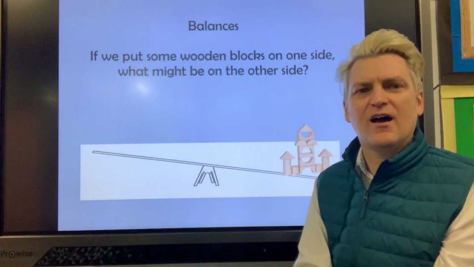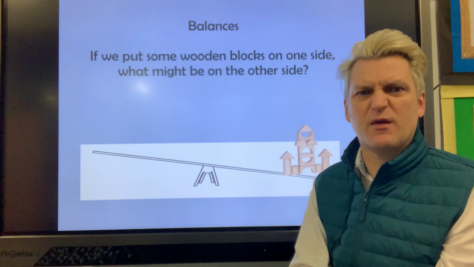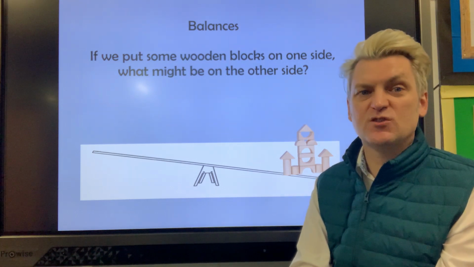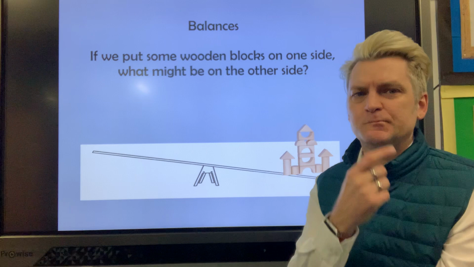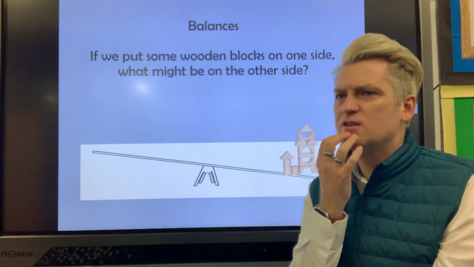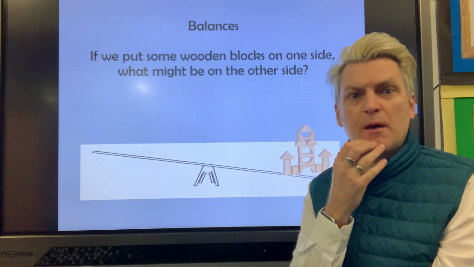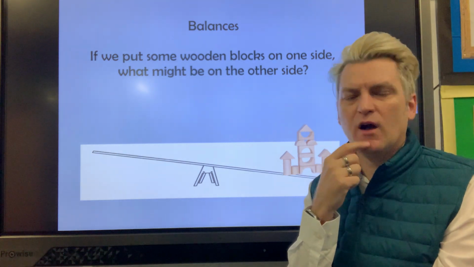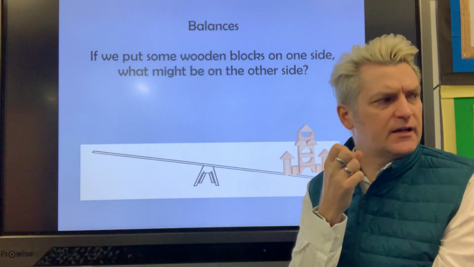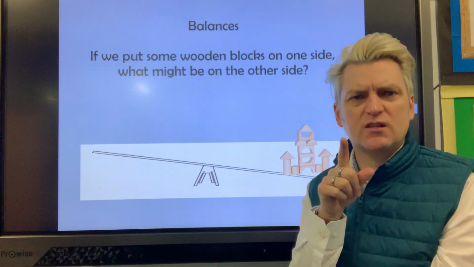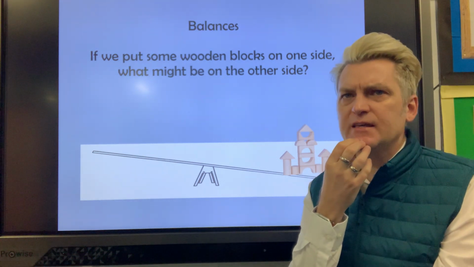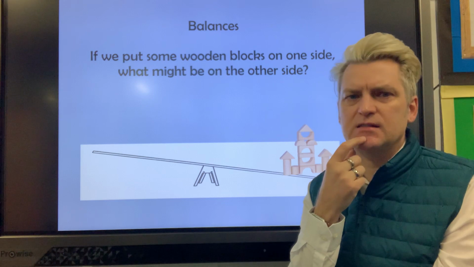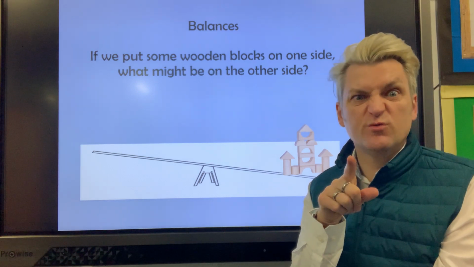You'll have to think a little bit about what we've got in the classroom that might be lighter than some wooden blocks. What can you think of? Maybe some pencils, because they're lighter, aren't they? What else can you think of? Maybe some jigsaw pieces. They're quite light. What else? Maybe some tissues.